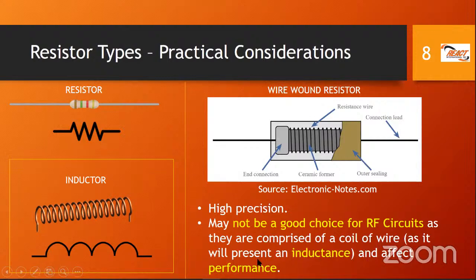And because of that coil of wire, it will present an inductance and affect the performance. So when you're building a circuit, don't just use any resistor. Make sure that you know what you're using. And if you don't want to have that effect, simply avoid a wire-wound resistor and use another type of resistor that does not have this property. Okay.